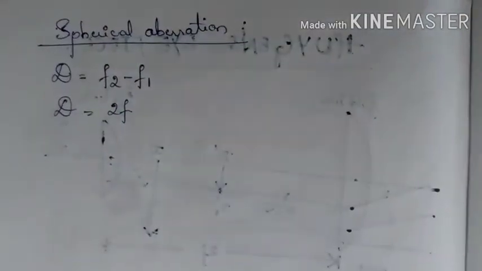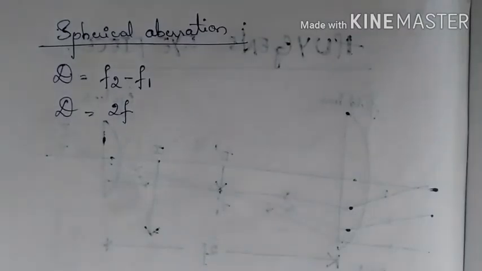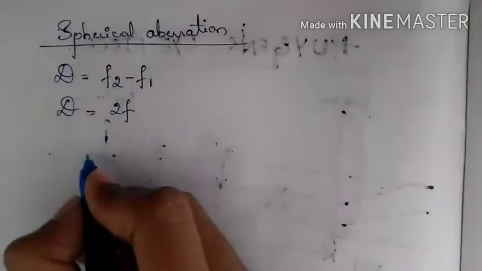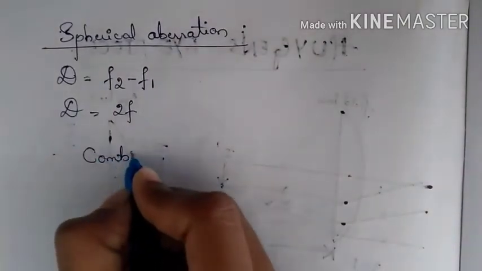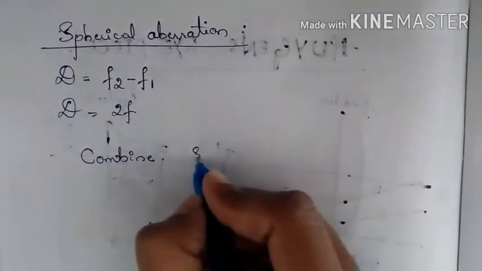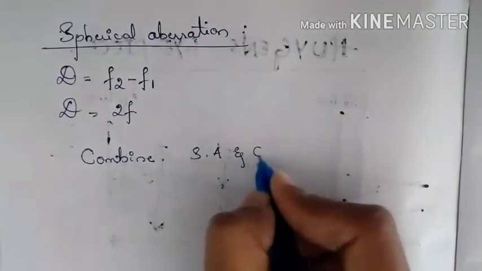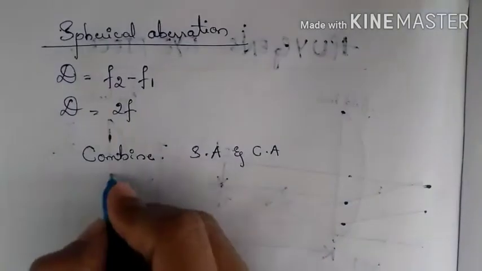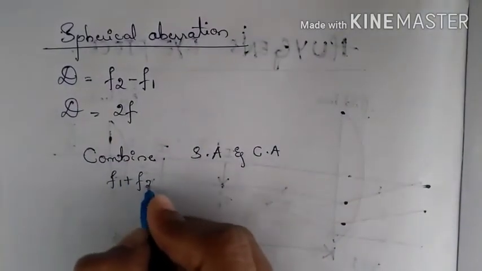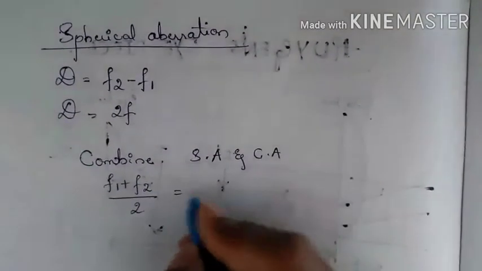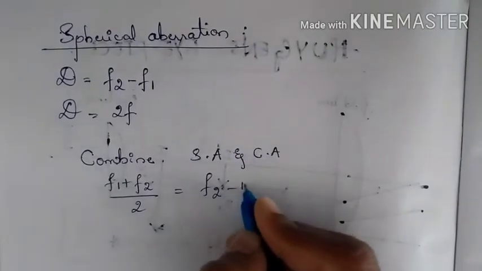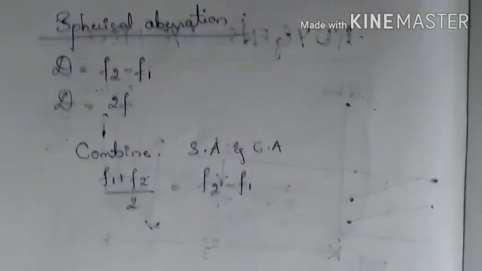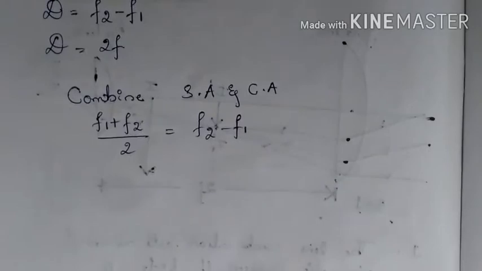So this is for the spherical aberration. So now, if we combine the two conditions, spherical aberration and chromatic aberration, then what you will get is F1 plus F2 by 2, which is equal to F2 minus F1. So this will give you what?